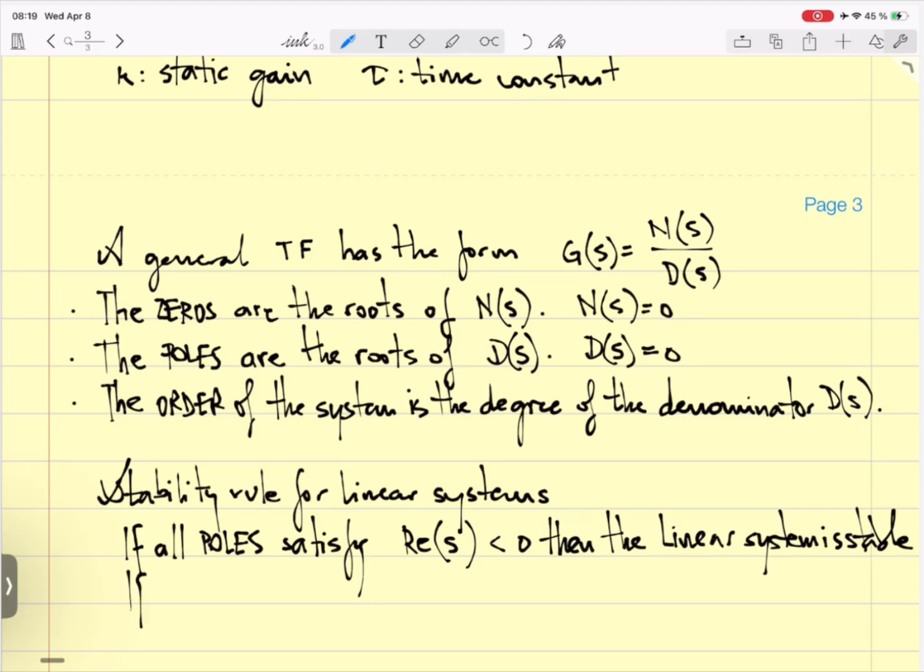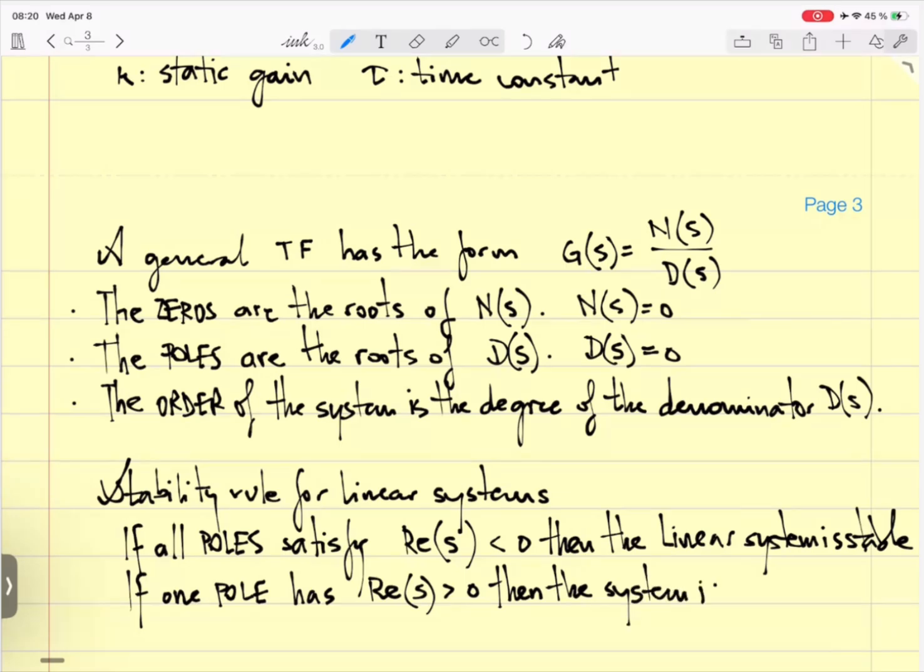If one pole has real part bigger than 0, then the system is unstable. Okay.